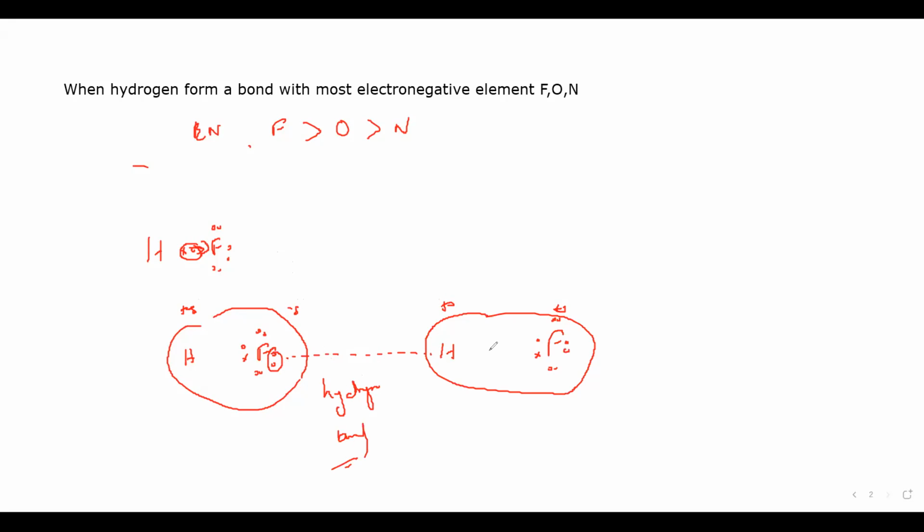And in a hydrogen bond, the bond angle is always 180. Like this is a covalent bond, this is a hydrogen bond, so the bond angle will always be 180 degrees. This only happens in three cases: hydrogen forming a bond with oxygen, nitrogen, and fluorine. For example, if hydrogen is forming a bond with chlorine, then there is no hydrogen bond. Why?